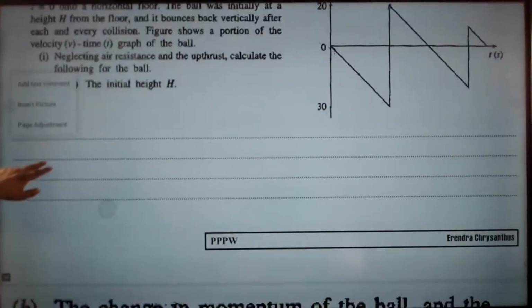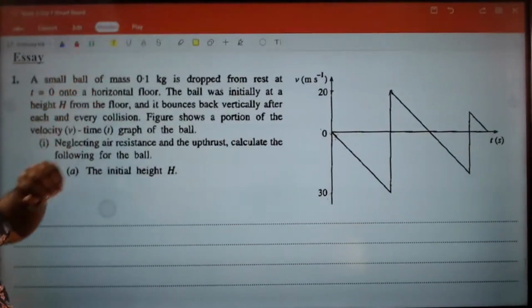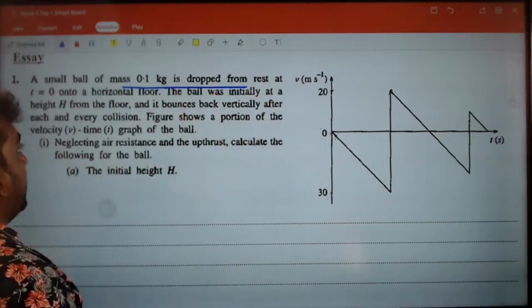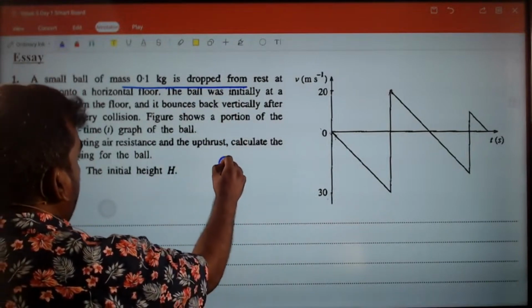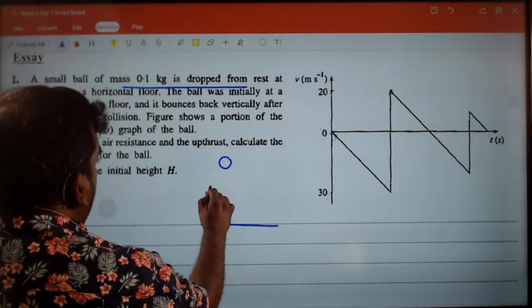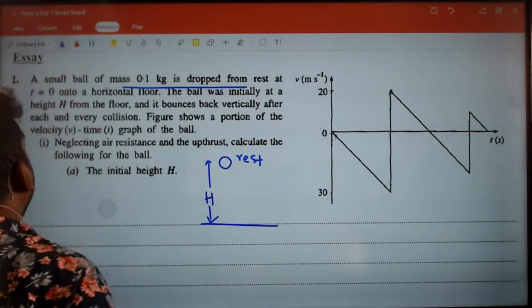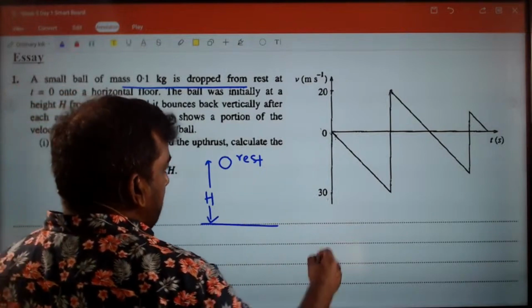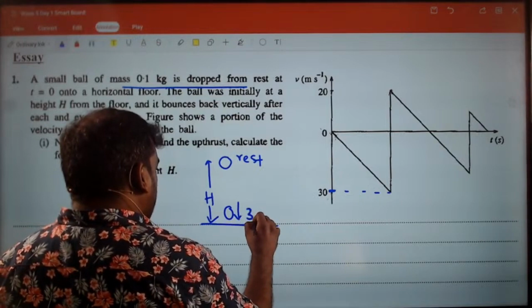Moving on. A small ball of mass 0.1 kilogram is dropped from rest. That means falling under gravity. The ball was initially at height h from the floor. Figure shows a portion of the VT graph. It collides with the floor with a velocity 30.